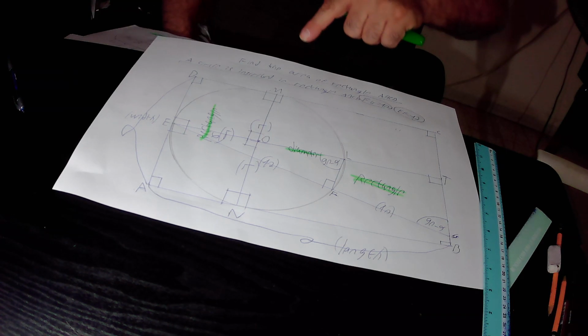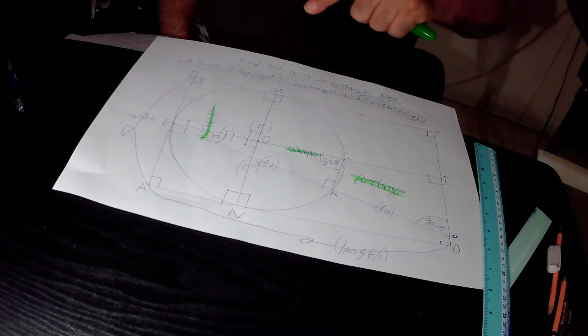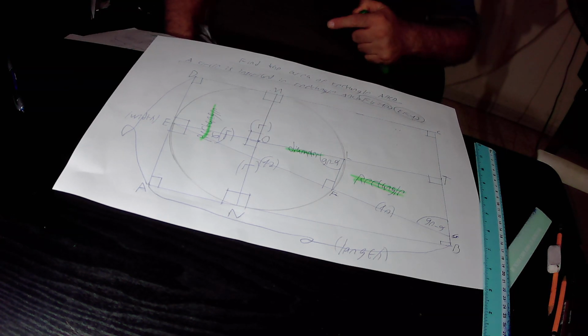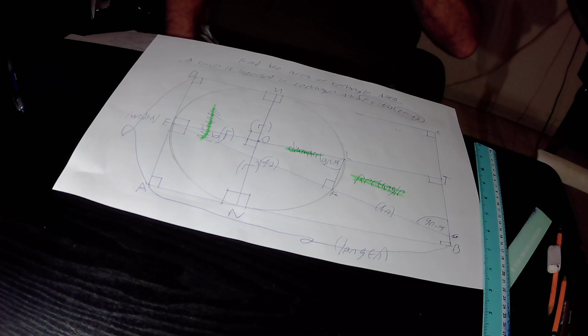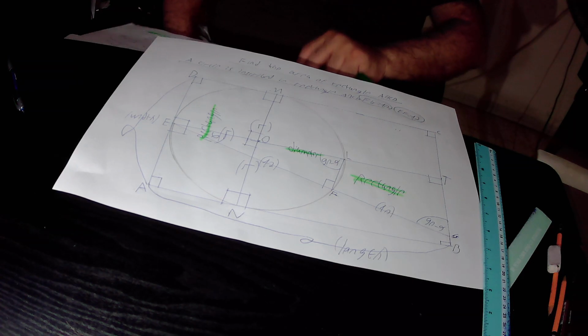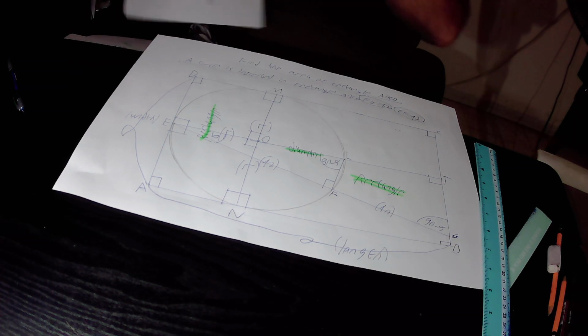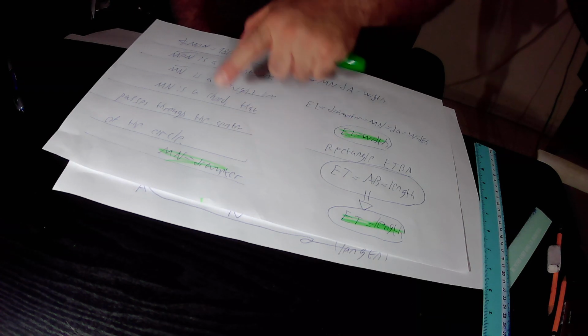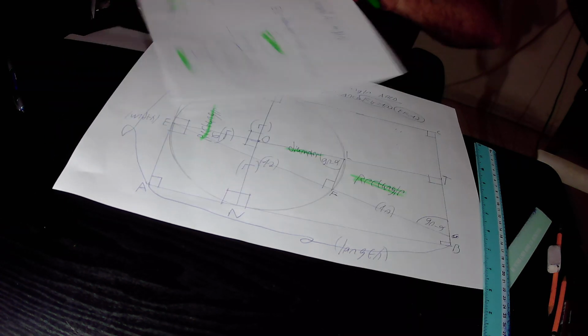But it is a chord that passes through point O, that is the center of the circle, and we know that any chord that passes through the center of the circle must be a diameter of the circle. So we found out that MN is the diameter of the circle.